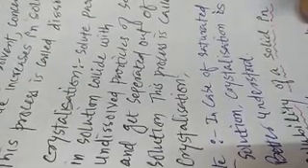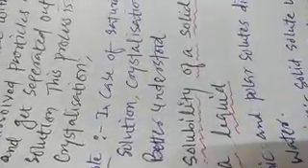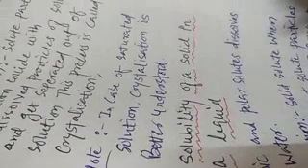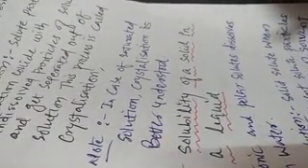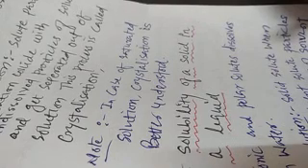Remember that in case of a saturated solution, crystallization is better understood. So that is why whenever we want to do crystallization, we take a saturated solution. Now, a saturated solution is a kind of solution which has the maximum amount of substance dissolved in the solvent.